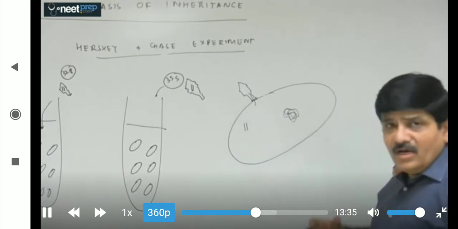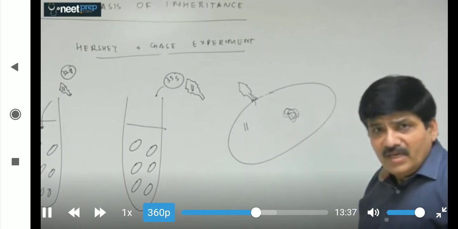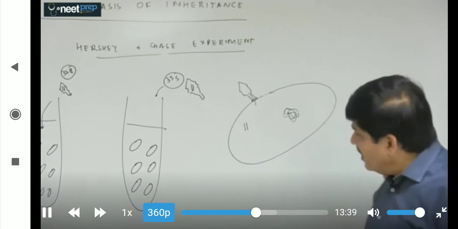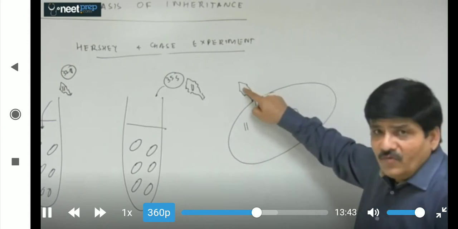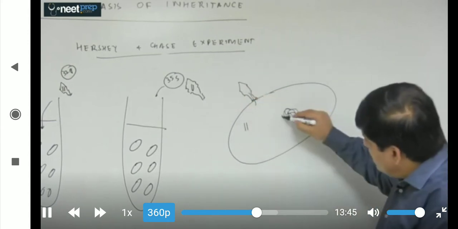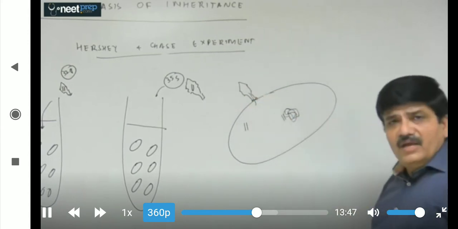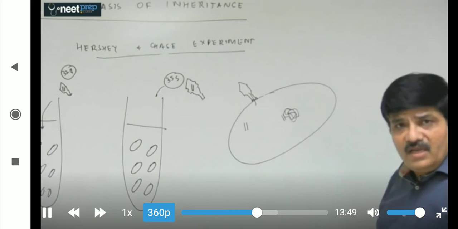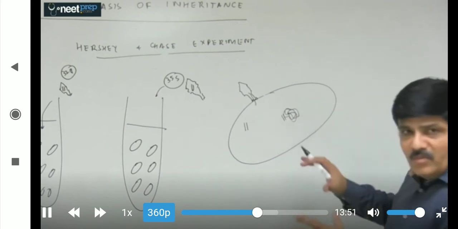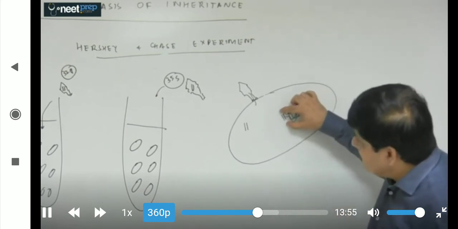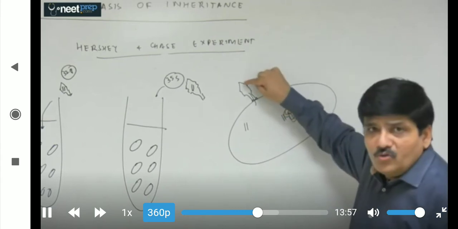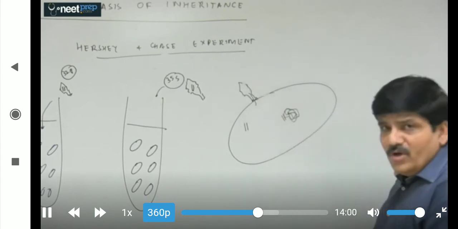You know, bacteria normally has a single chromosomal DNA which is circular and double-stranded. So this double-stranded DNA molecule of the bacteriophage is going to take control of the main chromosomal DNA of the bacterium. So now the metabolic machinery of this particular cell is under the guidance of this DNA, which actually belongs to the bacteriophage.